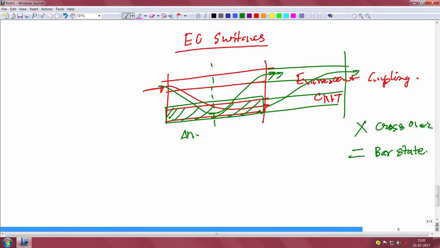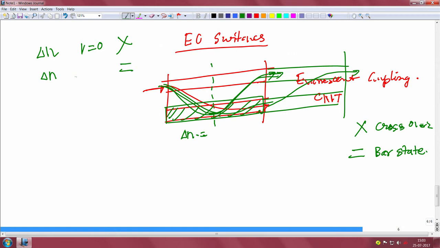So, let us say that we are changing the delta n with applied electric field or voltage. When there is no voltage, the design is for crossover state, and when you apply voltage, the refractive index changes such that it switches into the second waveguide and goes back into the first.